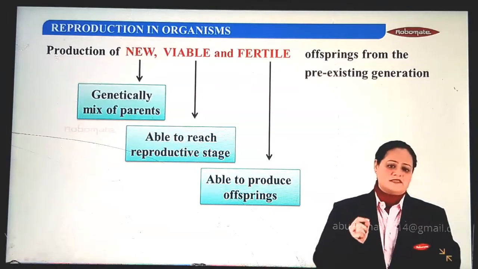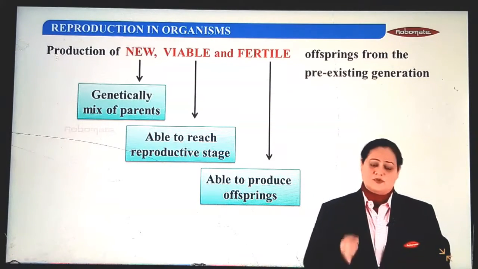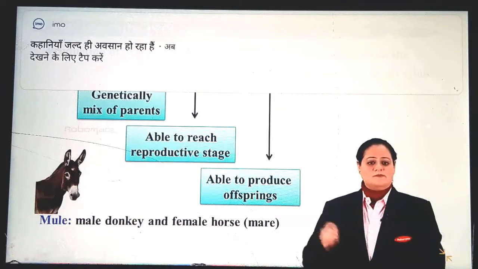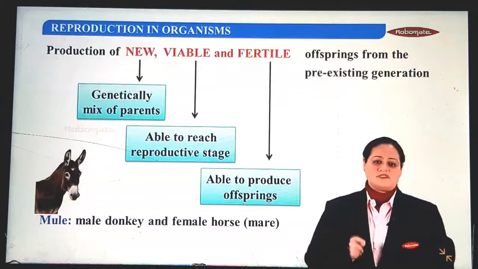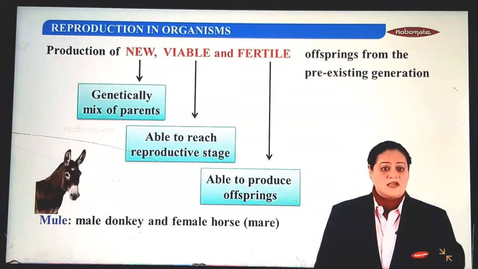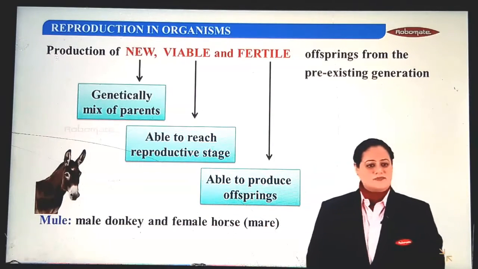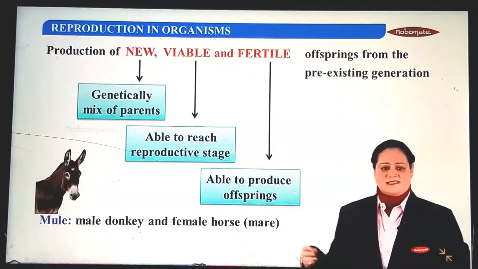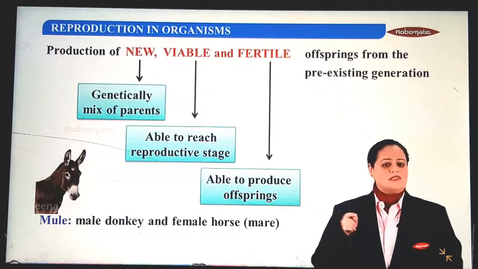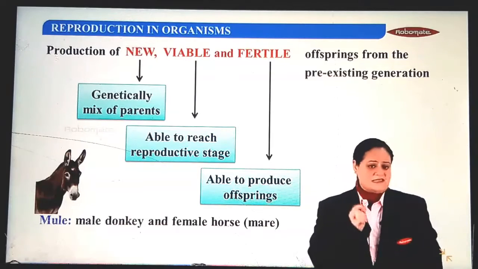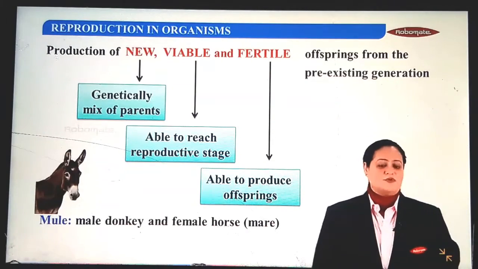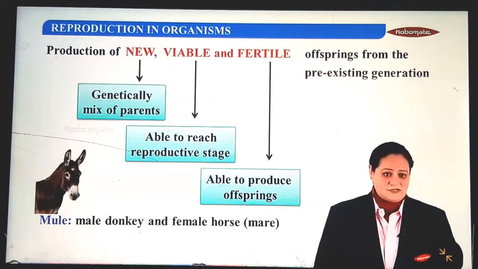Kids, here I take a small example of an animal that you all are familiar with. It's none other than the mule. Now mule, which is also commonly called khatar, is a cross between the male donkey and the female horse, that is the mare. Now this mule has a common fact that it cannot produce its own next generation.